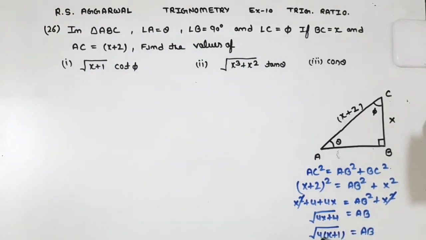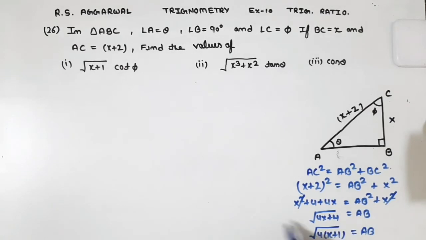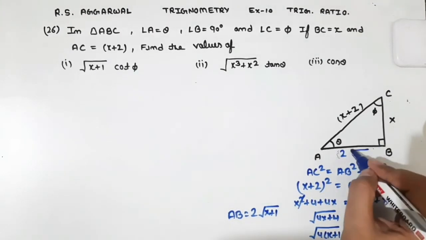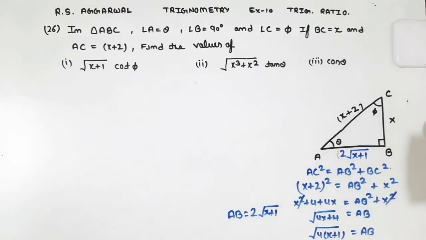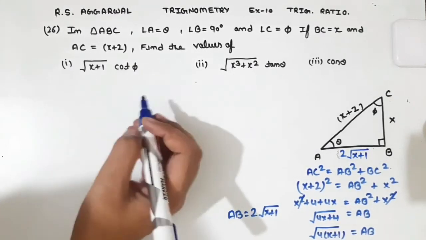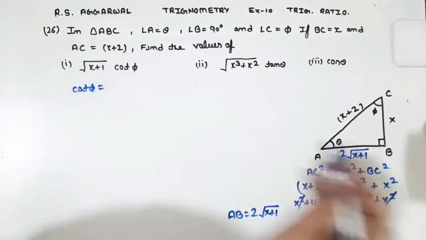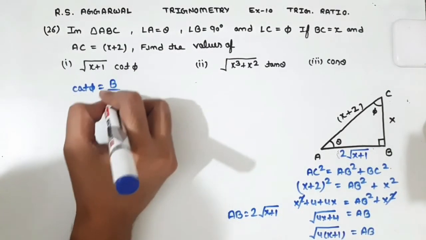So 4, when we take 4 outside the root, AB will become 2 under root x plus 1. So AB is 2 under root x plus 1. Now in first part, cot phi will be equals to base upon perpendicular.